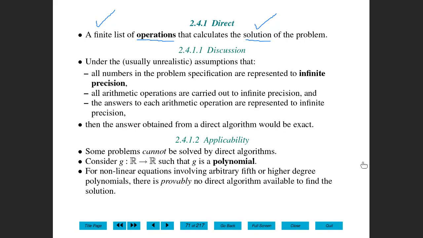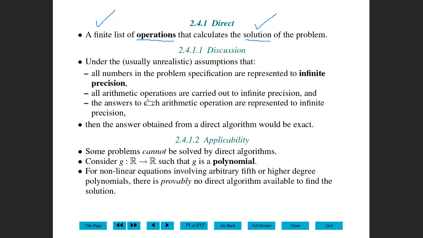For example, even if you are adding two numbers, a plus b, or multiplying a by b, first of all a and b should be represented in infinite precision. Infinite precision is unheard of. It is only theoretically possible, but practically it is not possible, even with a supercomputer, right? So this is the first thing: the representation should be with infinite precision.